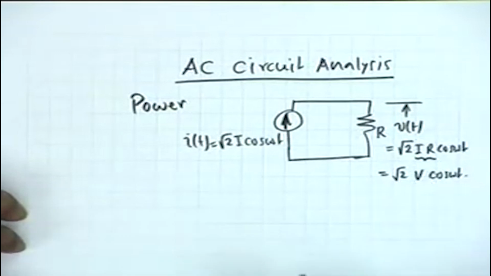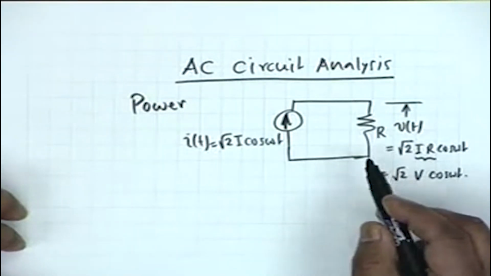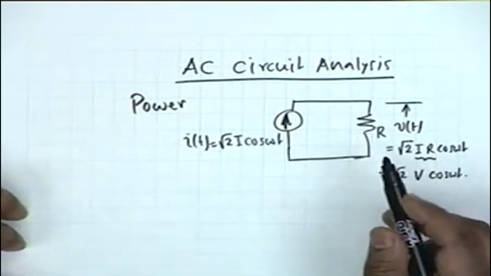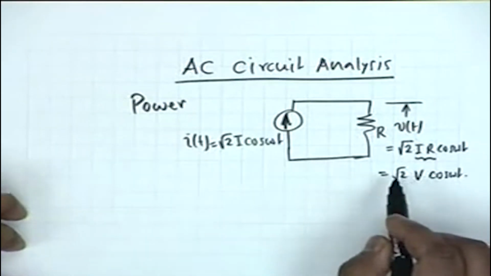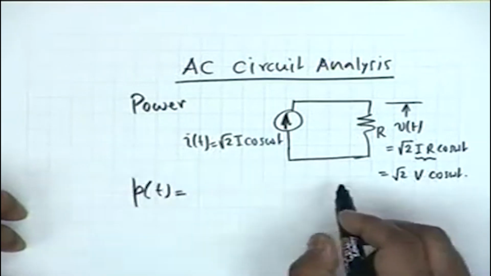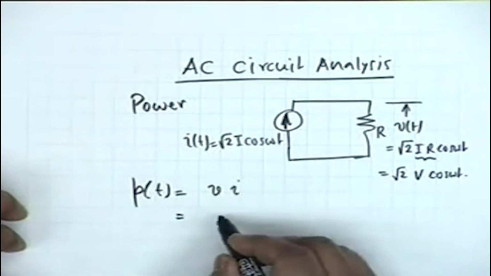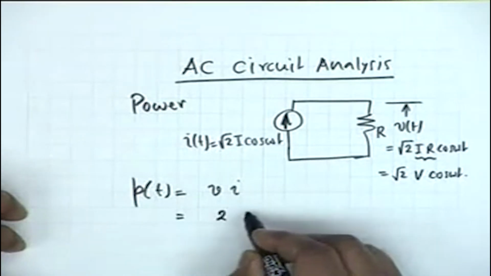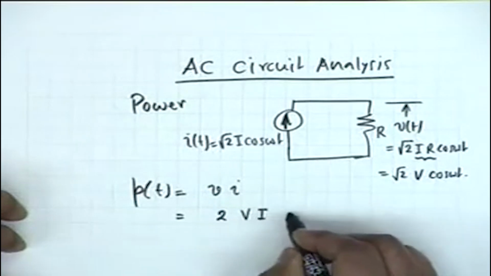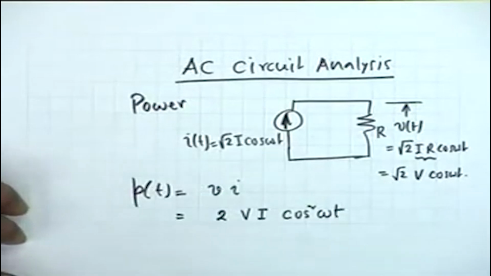Alright. The power that is dissipated in the resistance obviously is a function of time, because both current and voltage are functions of time. So the instantaneous power p of t shall be equal to v times i, and you see that this is twice V I cosine squared omega t.